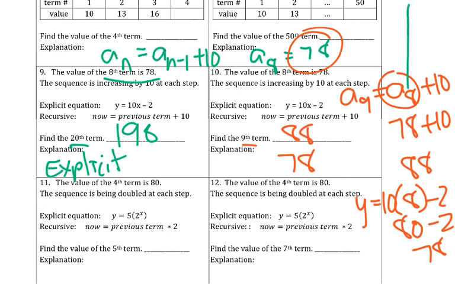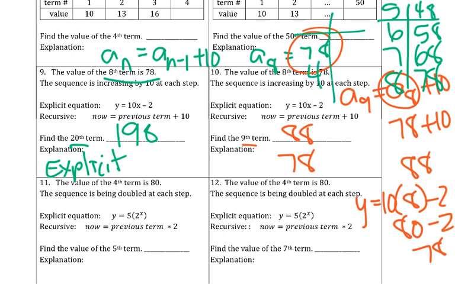So if we were to make a table here, and the 8th term was 78, if we're going back by 10, the 7th term would be 68, then 58 for the 6th term. 5th term would be 48. The 4th term would be 38. The 3rd, 28. The 2nd, 18.